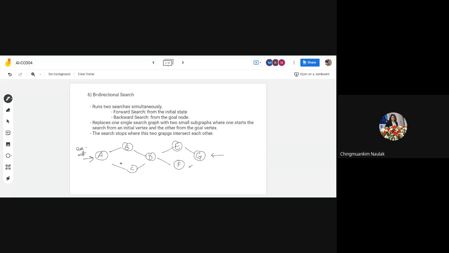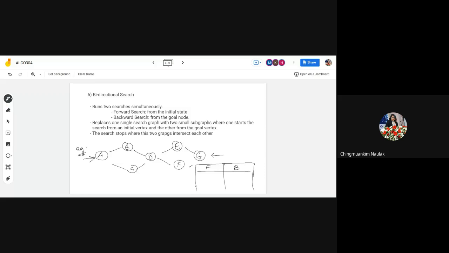So you have to make a table for the forward search and backward search. Here this is for forward and this is for backward. I'm representing it by a letter F and B.